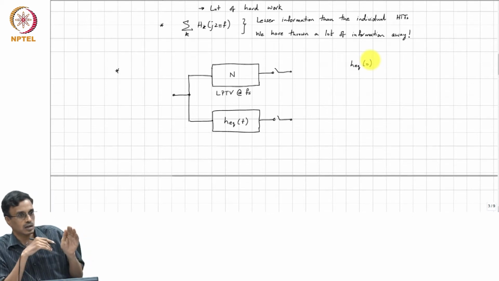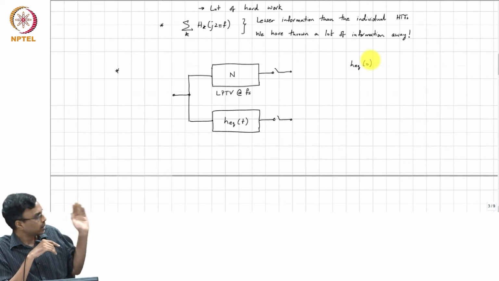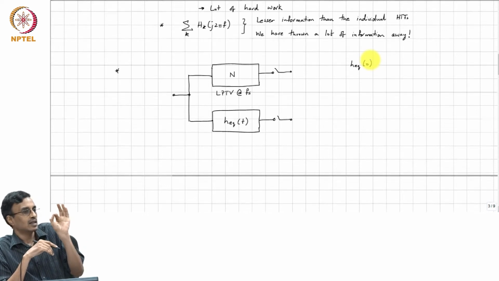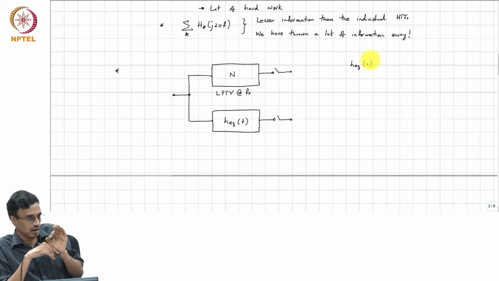Do you understand the question? The question is, if I am only interested in finding H equivalent of 0, that is the value of the impulse response H equivalent of t at 0, very good, right.